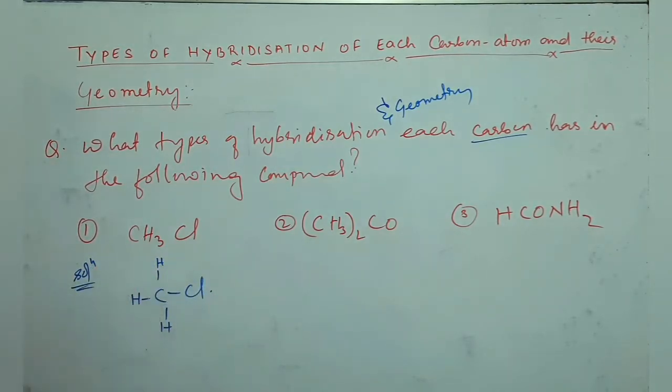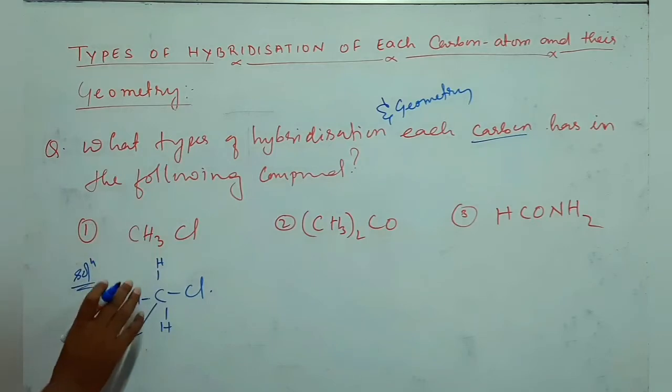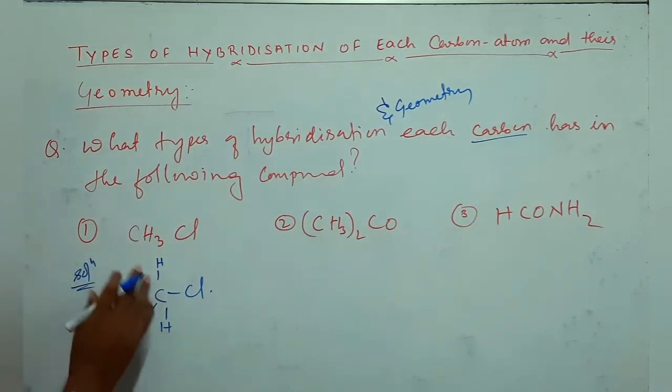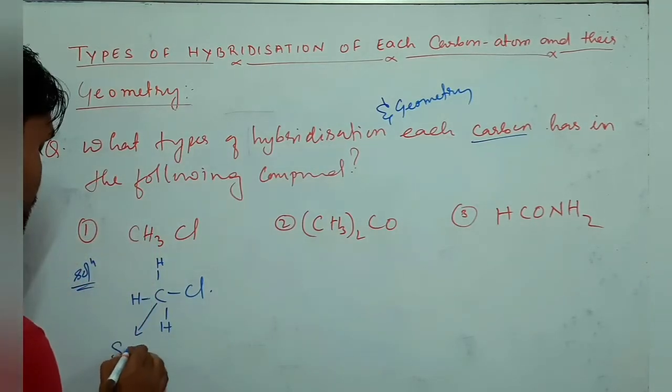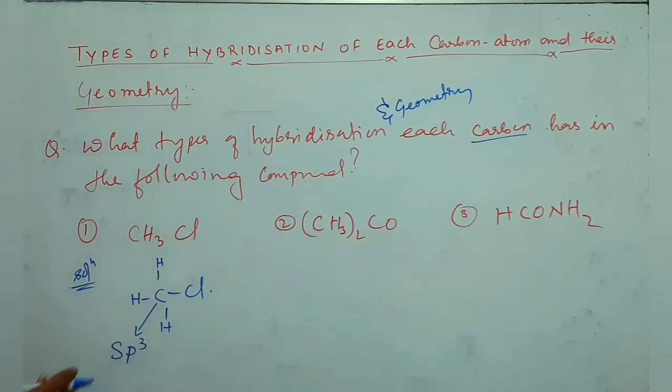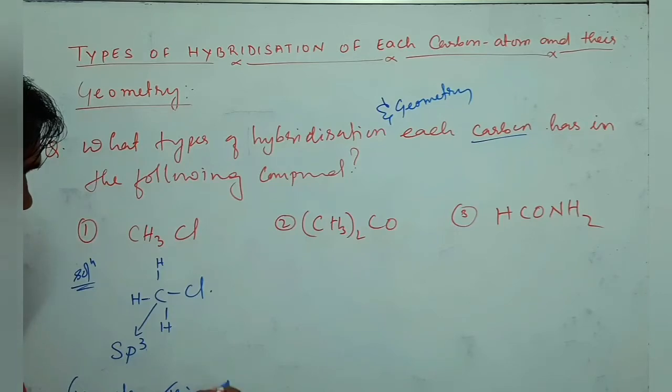So what will be the hybridization of the carbon? All are single bonded, so the hybridization will be sp3, and if sp3, then what will be the geometry? The geometry will be trigonal planar. So done, this is the answer.